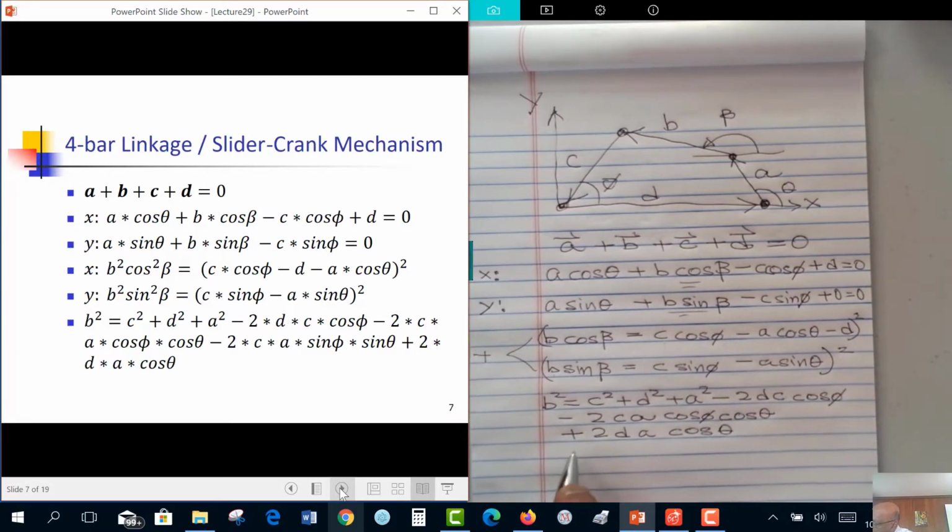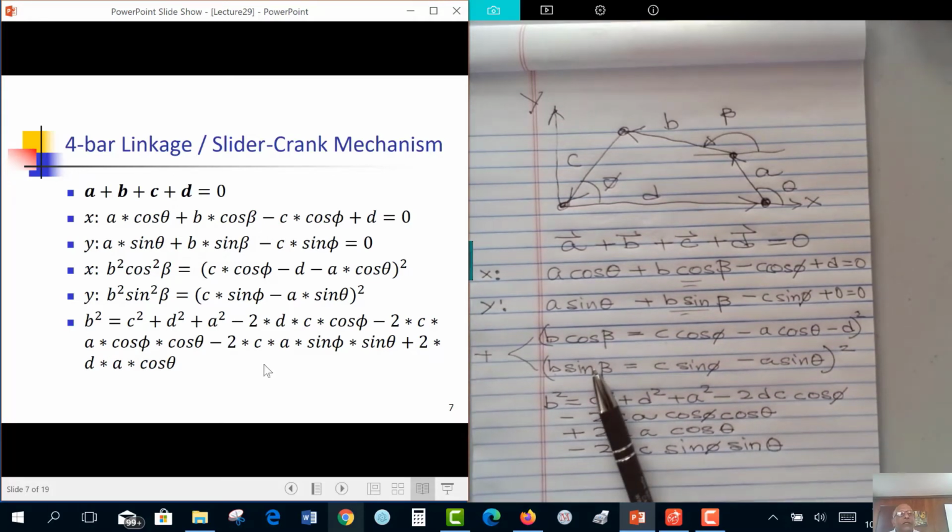Our first term would be minus 2AC sine phi sine theta. Oh, one term only, sorry, one term. So we have a total of B squared, C squared, D squared, A squared, and three cross terms, making seven terms. Right?